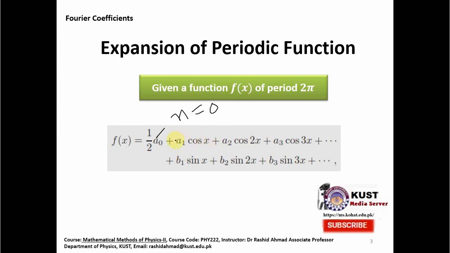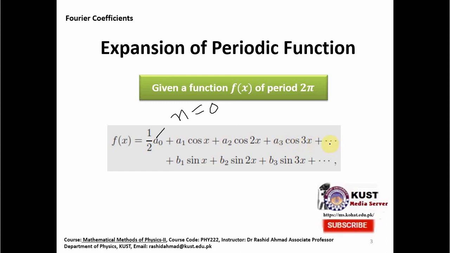This is the second term in the expansion, and similarly in the third term, where n is equal to 2, we get the a2 coefficient and then cos 2x, and then similarly a3 cos 3x, and so on.